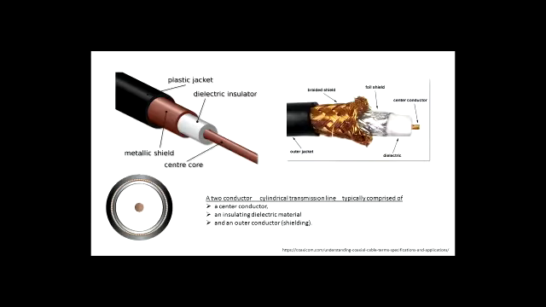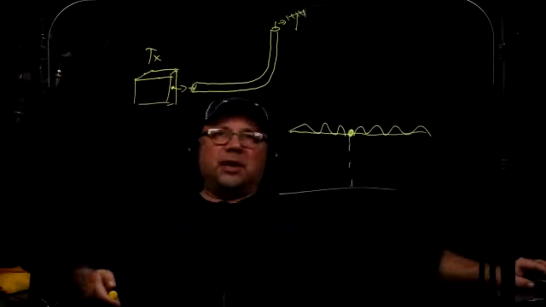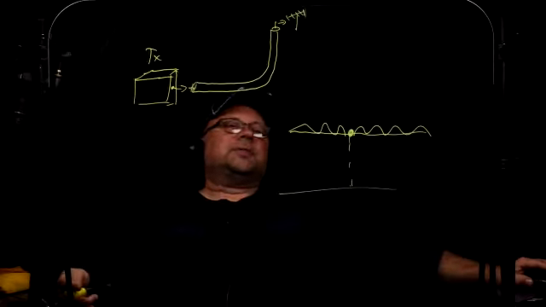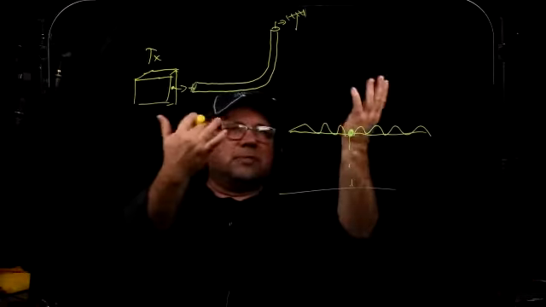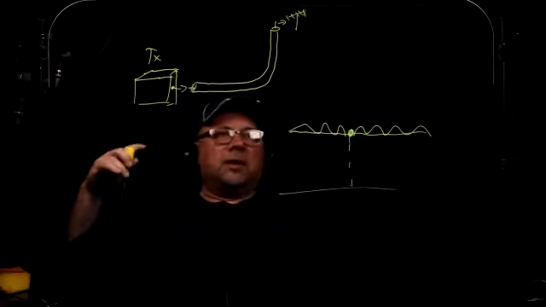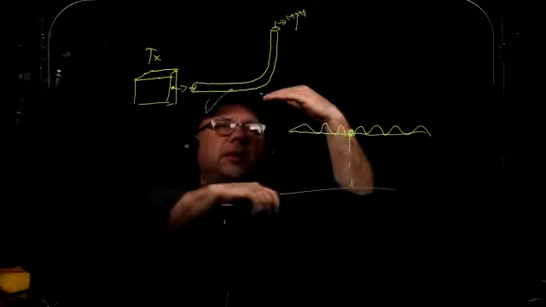Now, if you look at the cross section of the coaxial cable, you have one piece of metal that continues, separated by a dielectric, and surrounded by another piece of metal. So basically, it's just like having two plates of a capacitor. They're just a different shape, not two flat pieces of plate. However, there are two pieces of metal separated by a dielectric.